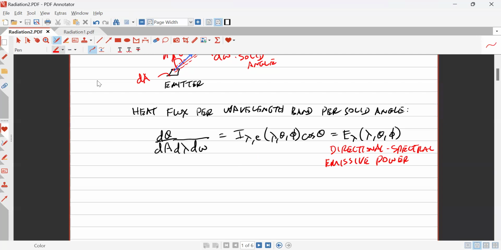So the first thing here is emissive power. So this is E. We use capital E for emissive power. This again is defined here as the heat flux per wavelength band per solid angle. Although in a general sense, we think of emissive power as the heat flux associated with emission, or having this little E here means this deals with emission. Right, and again, emission is radiation produced at a surface that leaves that surface.